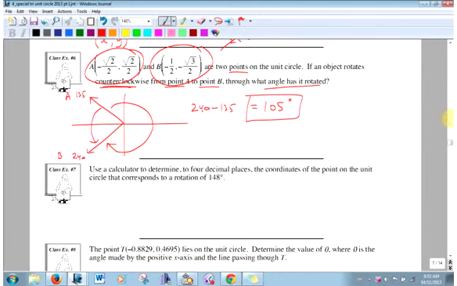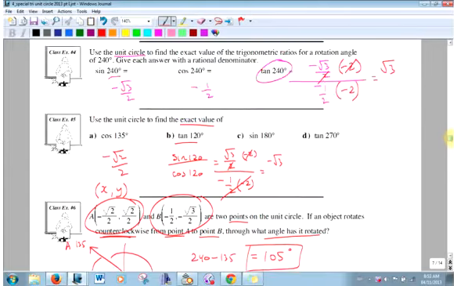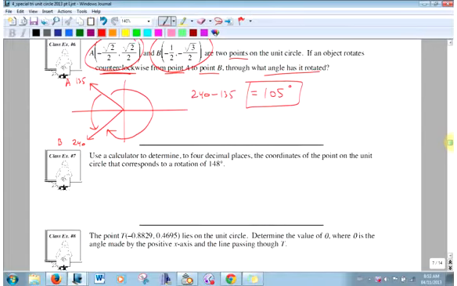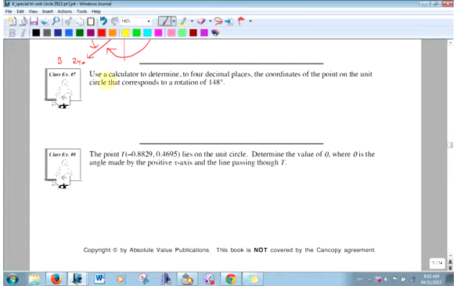Okay, so we're just playing around with this unit circle. We might give you the degrees, we might give you the radians, okay? Use a calculator to 4 decimal places the coordinates of the point on the unit circle that corresponds to a rotation of 148 degrees. That's over here somewhere.